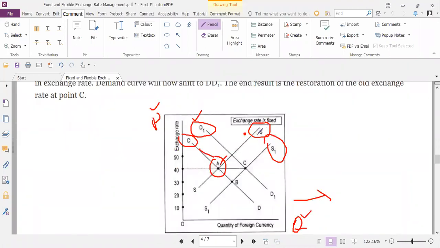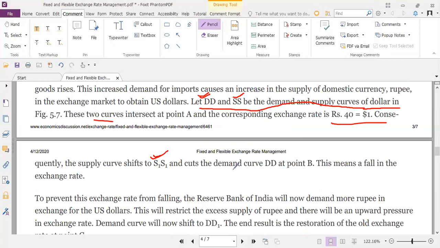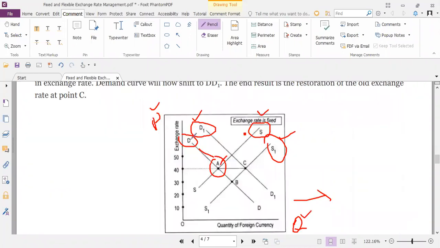You can observe the supply curve changing from SS to S1. So when supply changes, the supply curve also changes. And it cuts the demand curve at point B. It is cutting the earlier demand curve.